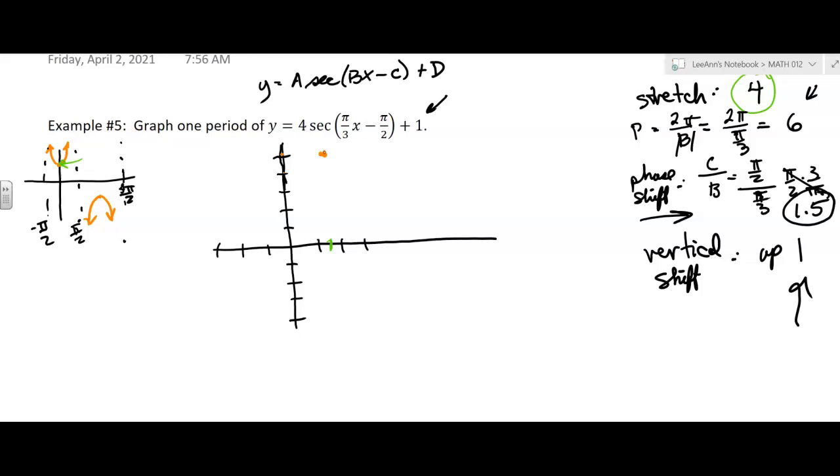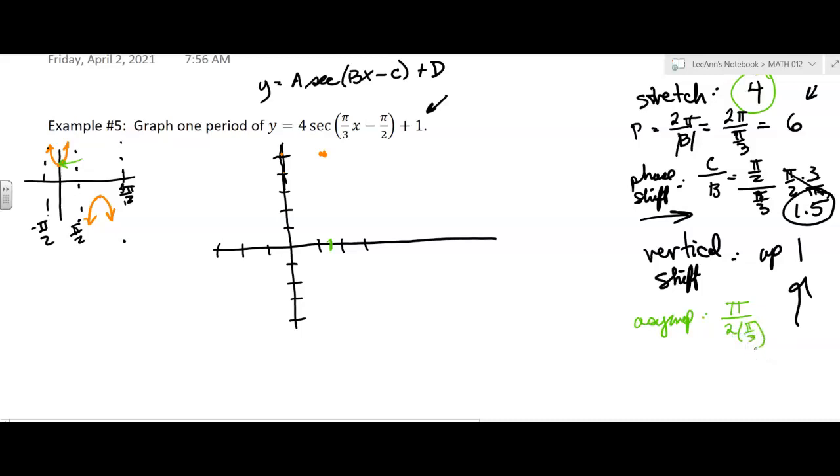All right, so for the asymptotes, let's work with those for a minute. I'll do that in green. The asymptotes are pi over 2 times b. What was b? Pi over 3.